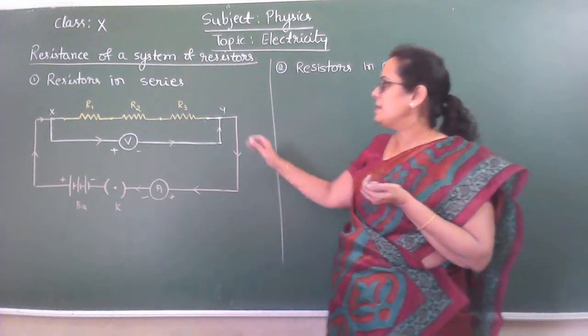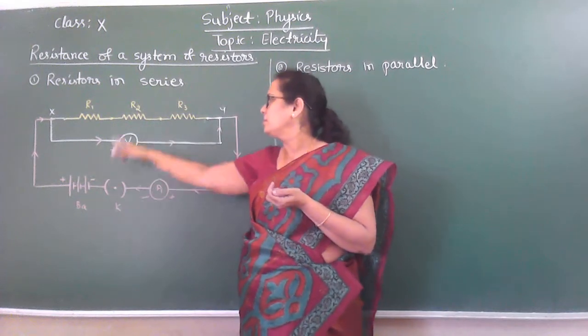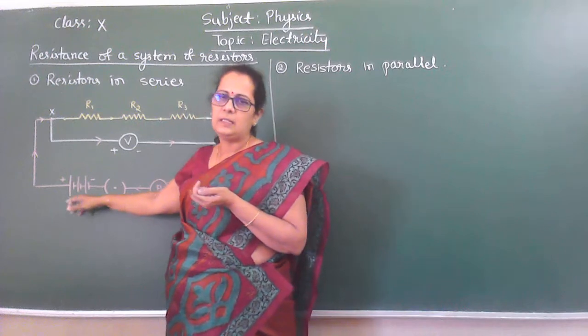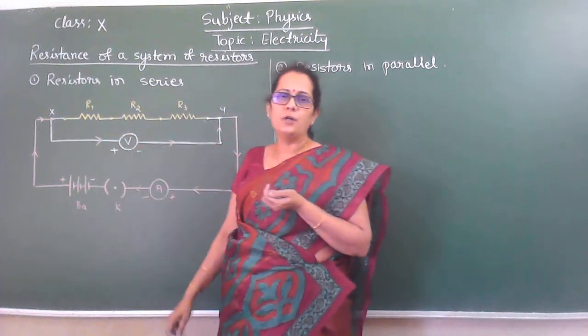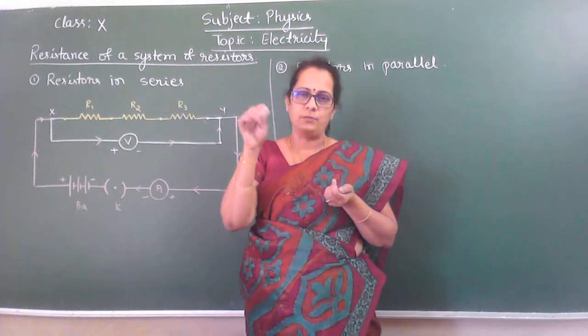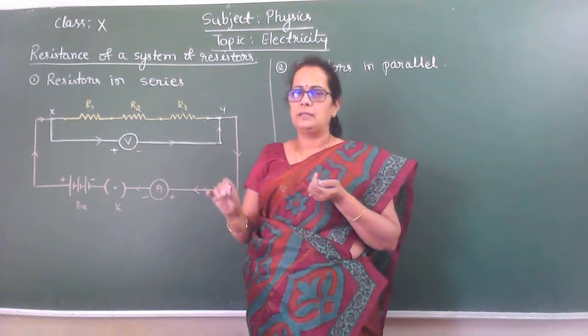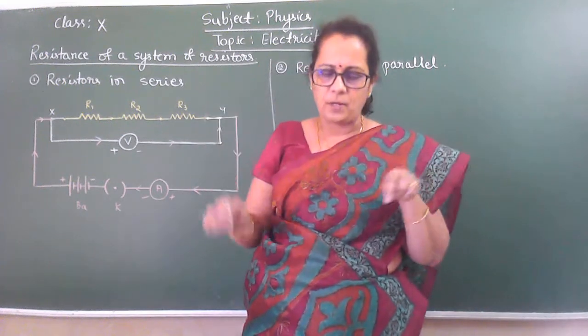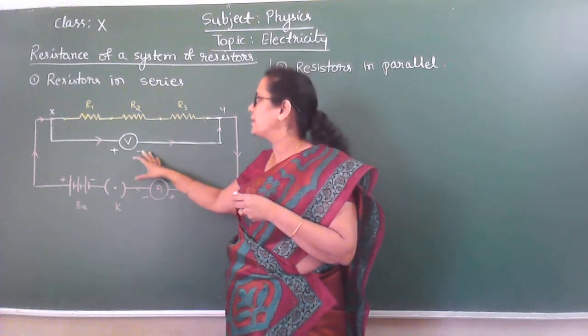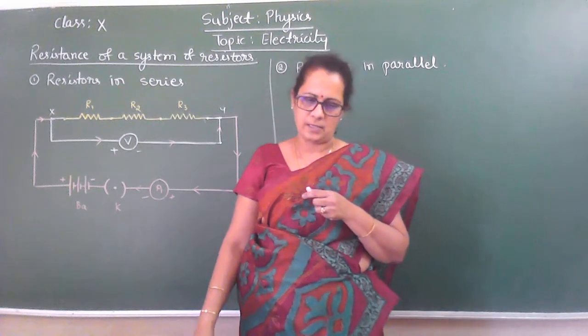When the current flows through these resistors with the help of the battery, you note down the voltmeter and the ammeter readings. Then with the help of a table, you can observe the flow of current and the resistors.